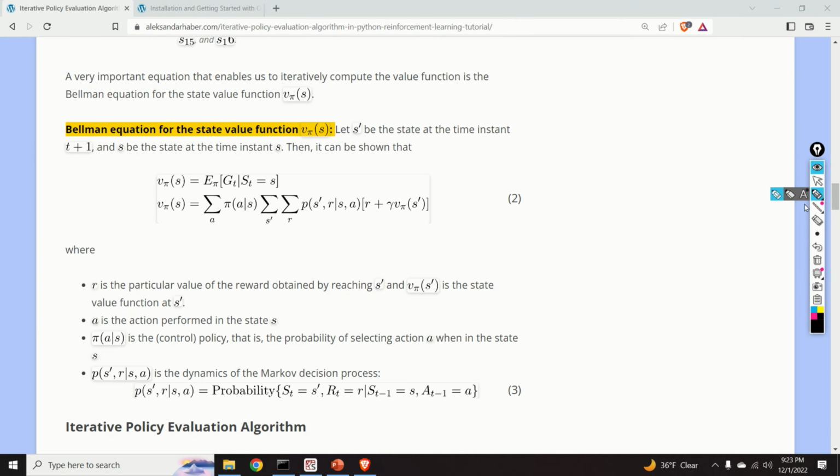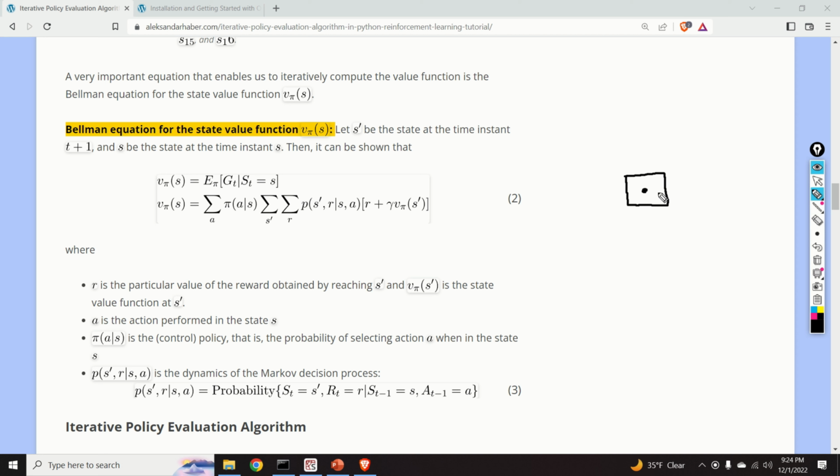Let us briefly explain the true meaning of the Bellman equation. And let us consider our Frozen Lake example. Let us assume that we are in the central field. That is, that we are in this field.